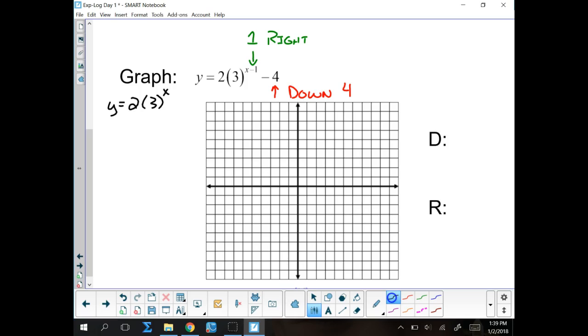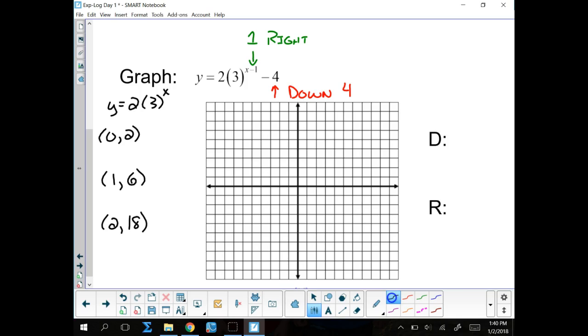So my points then would be (0, 2), right? (0, a). (1, 6), right? (2, 18), right?